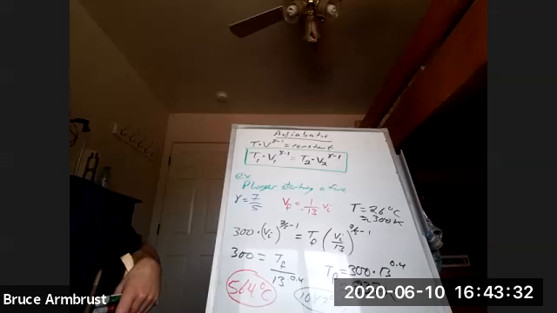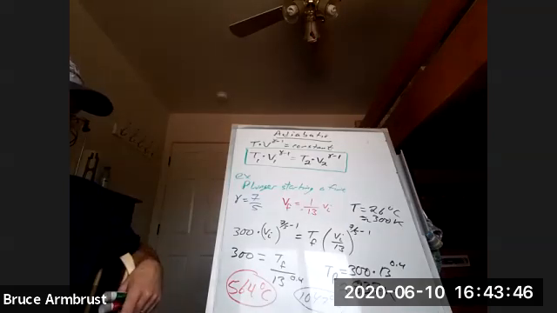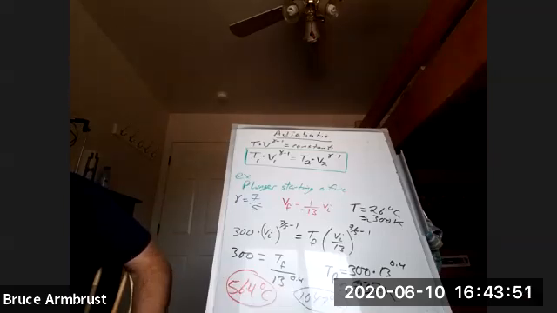Now, I don't know if you remember, but for polyatomic gases, the CV gets bigger. So that means gamma gets smaller. So it's not going to be quite this big in reality, but it's not that far off.